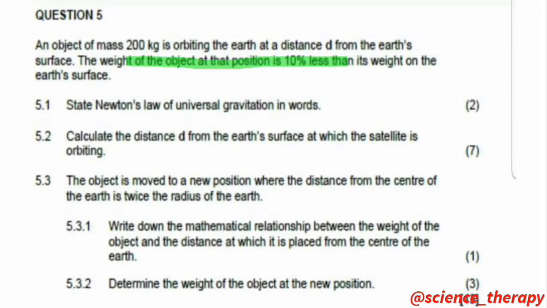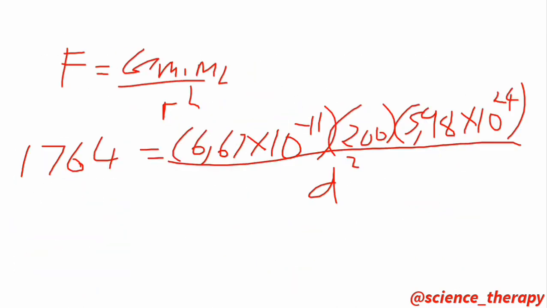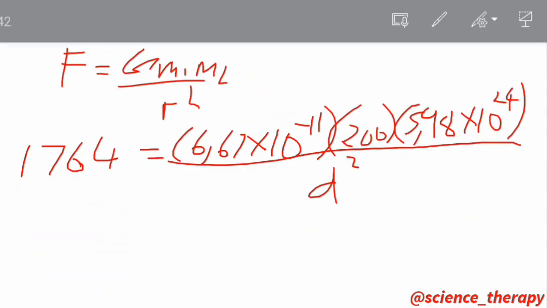Let's check the question. It says calculate the distance d from the Earth's surface at which the satellite is orbiting, right? So now at this point, in order to calculate a value that is here, which is d or r, let's edit this one. This one will also be d squared, right?